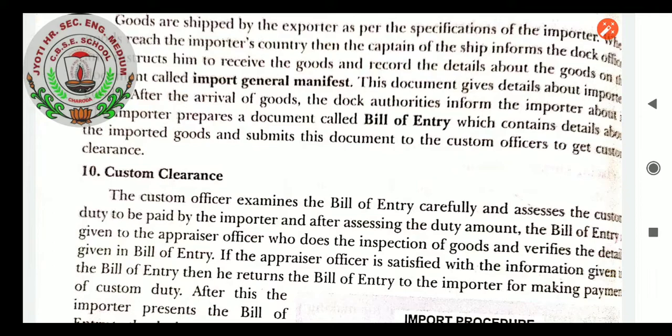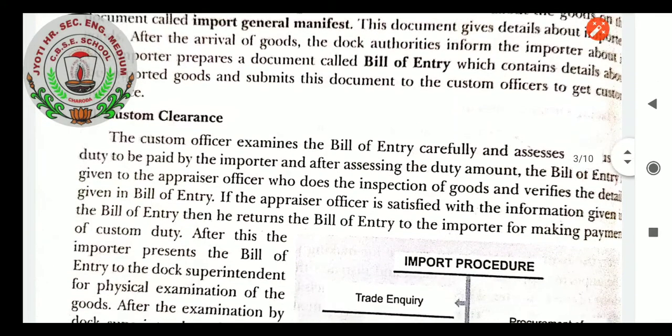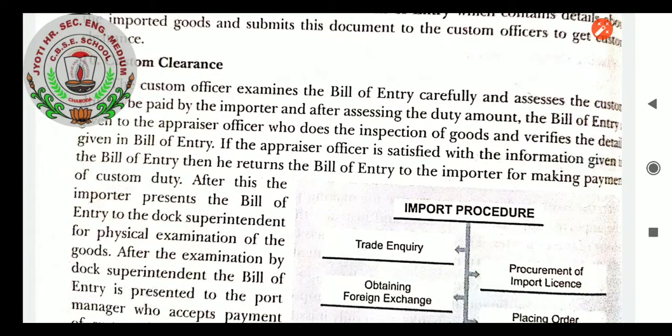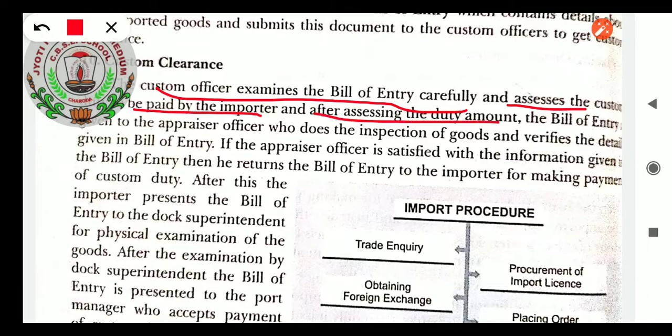Okay, so the key elements which we have to see: the appraiser officer does the inspection of goods and verifies the details given in the bill of entry. So this is a very important step, the assessing of the duty amount as well as the inspection of the goods, which is done by the appraiser officer.